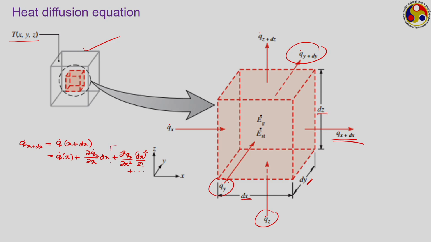If we neglect the terms from second order onwards, assuming dx to be extremely small, then this is approximately q dot x plus dou q dot x by dou x dx.